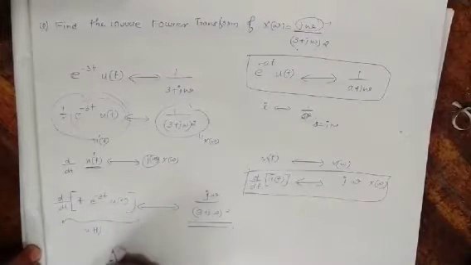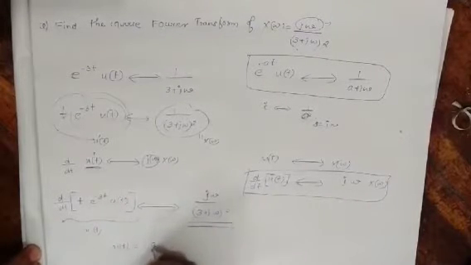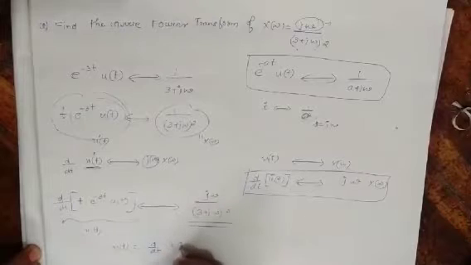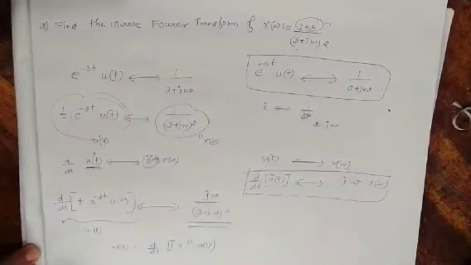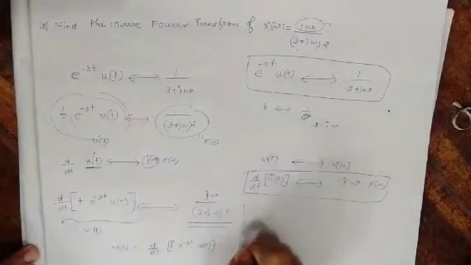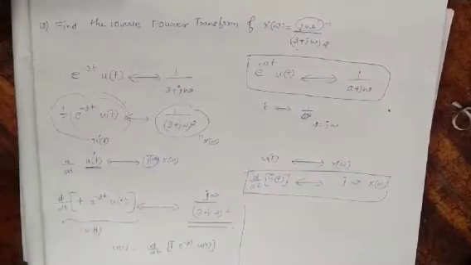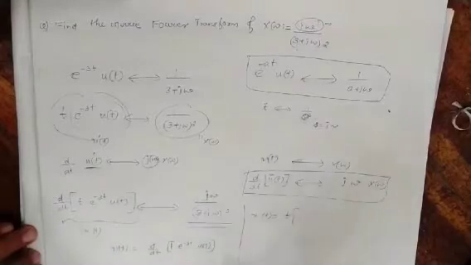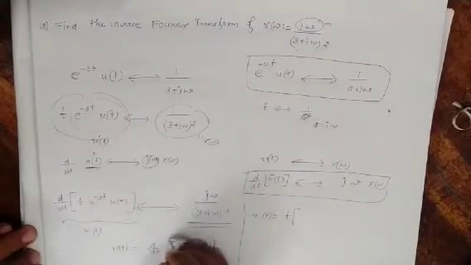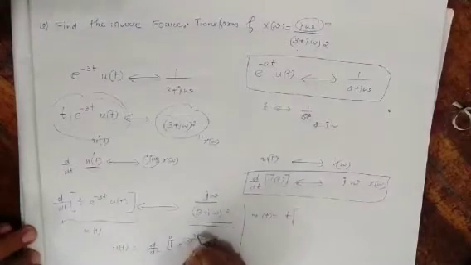So what is x of t? x of t equals d by dt of t into e raised to minus 3t u of t. Now we have to find the differentiation. Okay, that is x of t equals t into, we are going to use the uv method. Let the whole thing be u and this will be v.